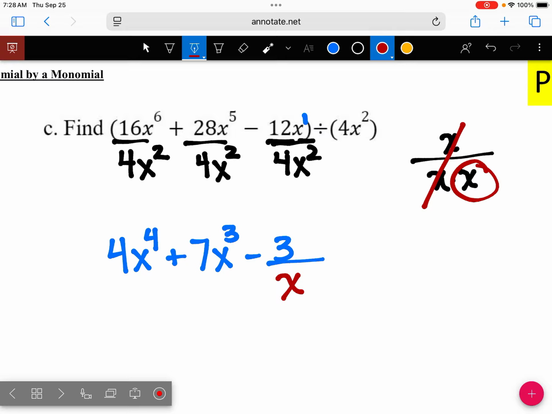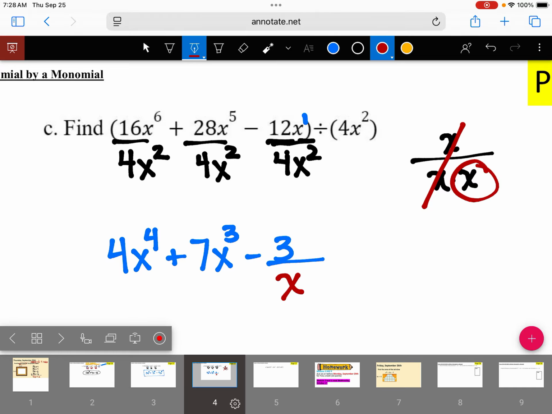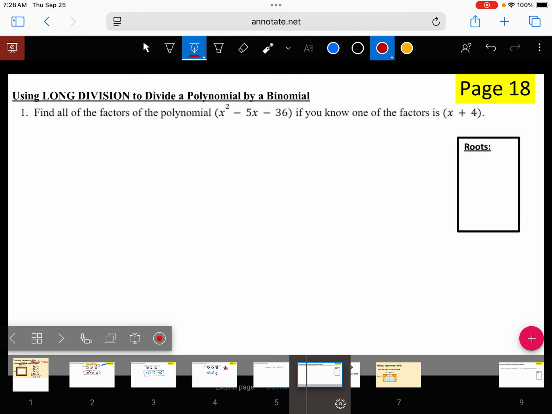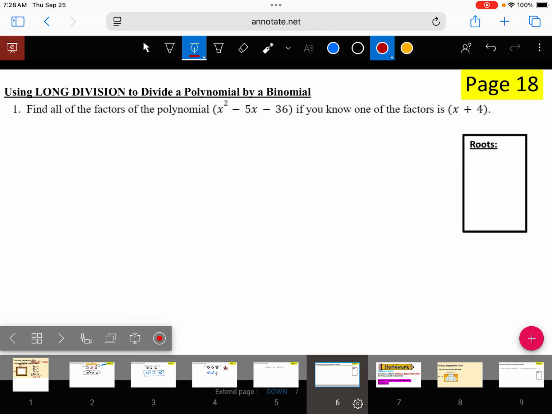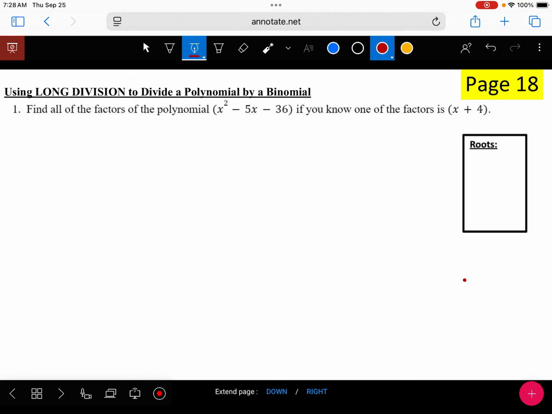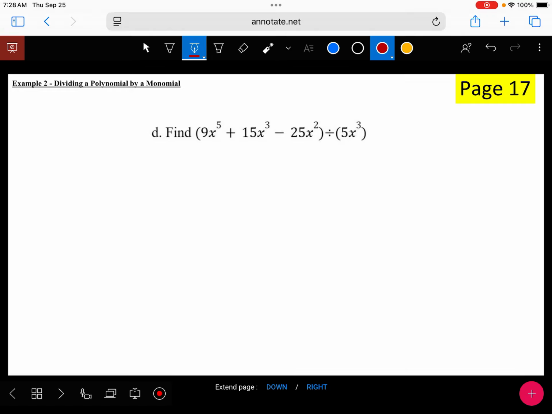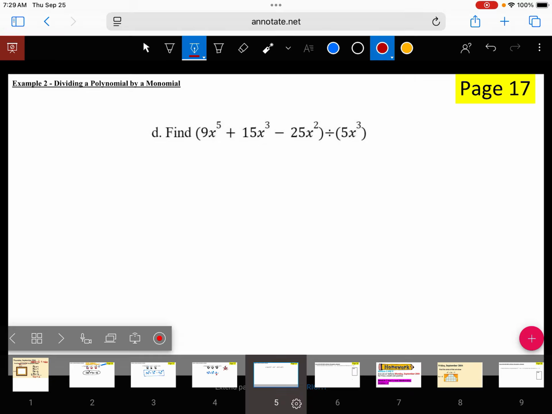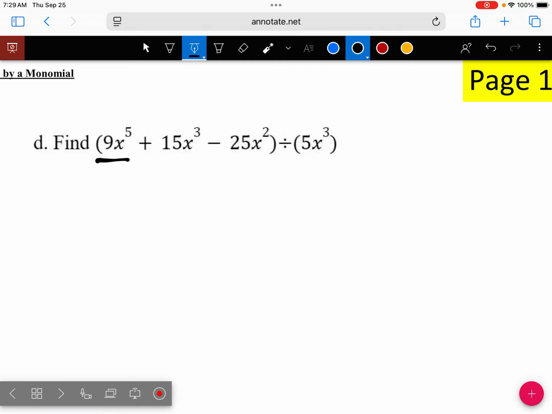All right, go ahead and do D. All right, so we're dividing everything by 5x cubed.